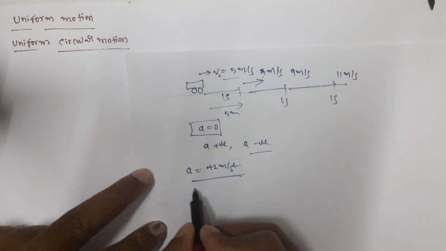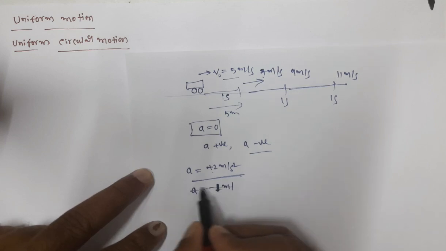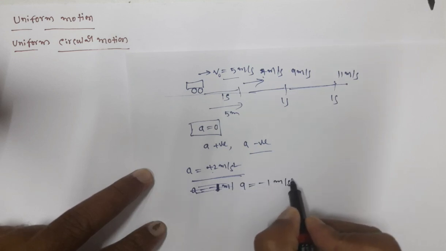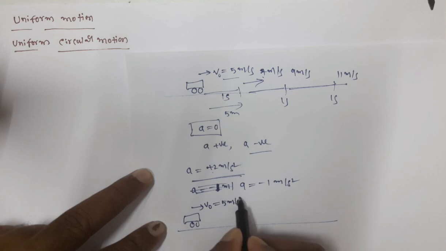Suppose we take acceleration A equal to minus 1 meter per second squared, and again take the same vehicle. Initially it has velocity 5 meters per second, and the acceleration is minus 1 meter per second squared.